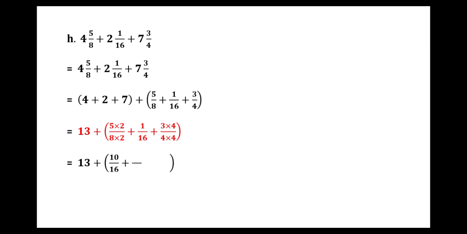So after the multiplication we get 10 upon 16 plus 1 upon 16 plus 12 upon 16. Now the denominators are the same, so we add the numerators only: 10 plus 1 plus 12 gives 23 upon 16.